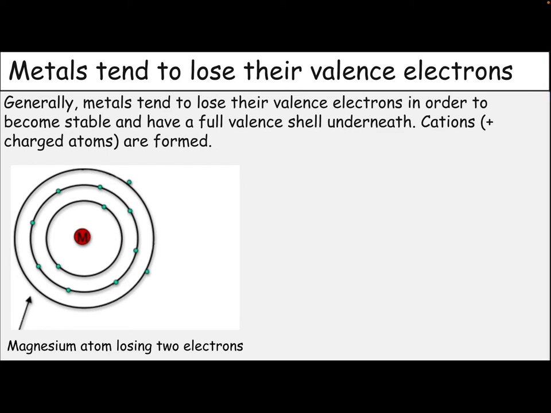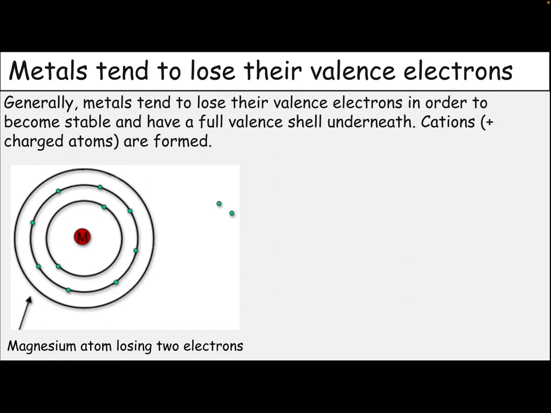Remember that the octet rule states that all atoms, except for hydrogen, want 8 valence electrons in their outer shell. For whatever reason, there actually is a reason, but the explanation can be a little long. So you're just going to have to take my word for it that metals tend to get rid of their electrons, okay? Their valence electrons.